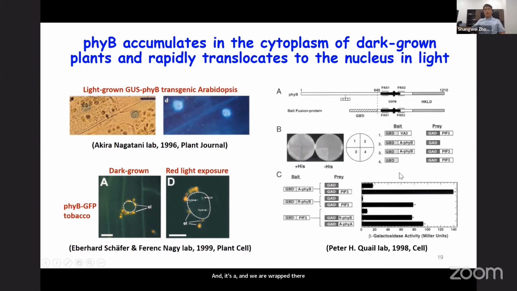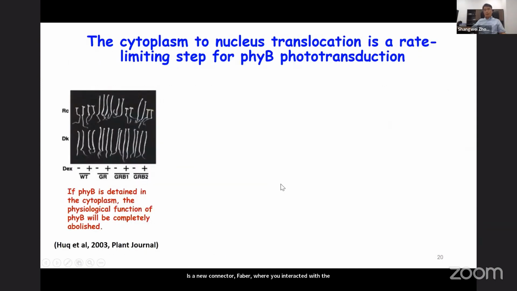In the nucleus, Phy will interact with transcription factors such as PIFs to regulate gene expression. Previous studies have found that if Phy is retained in the cytoplasm, the physiological function of Phy will be completely abolished. So the cytoplasm to nucleus translocation is a rate limiting step for Phy signal transduction.